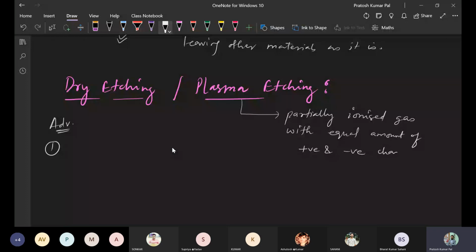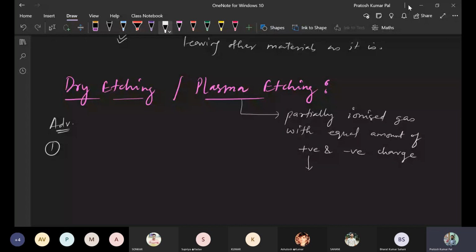Basically, in case of dry etching, we are using gas. So in that gas, a partially ionized gas will be there. In that, some positive charge and some negative charge will be there. The positive charge will be in the form of ions, and the negative charge will be in the form of electrons.